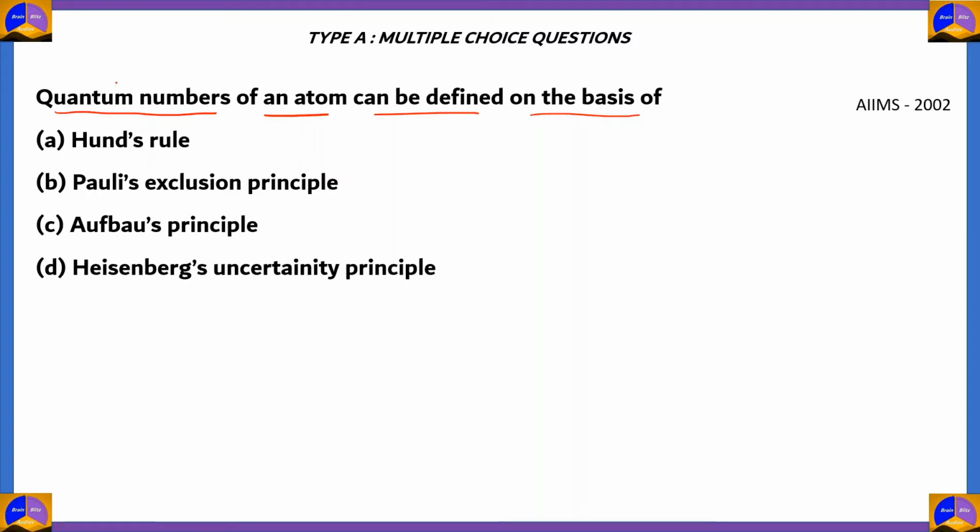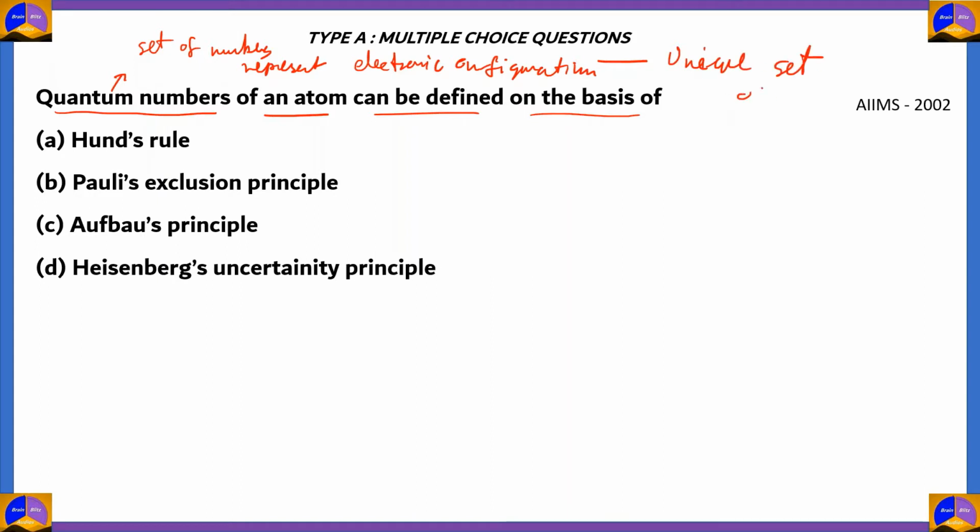So quantum numbers, it is a set of numbers representing electronic configuration. And in this set of quantum numbers, every electron has a unique set of quantum numbers.